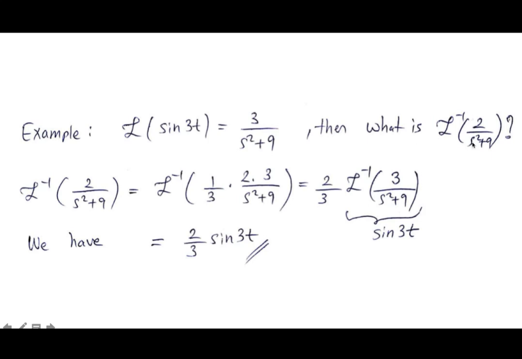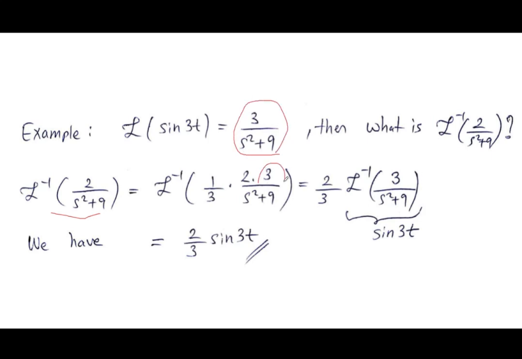And this one is asking what's the inverse Laplace transform of 2 over s squared plus 9. As we said, you can easily adjust the constant here. So basically we are looking for the inverse Laplace transform for this expression. But this is not difficult, so we can make it look like this one.